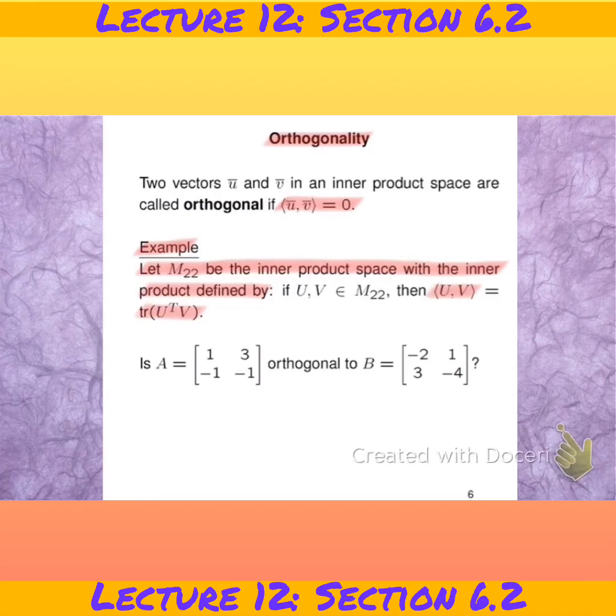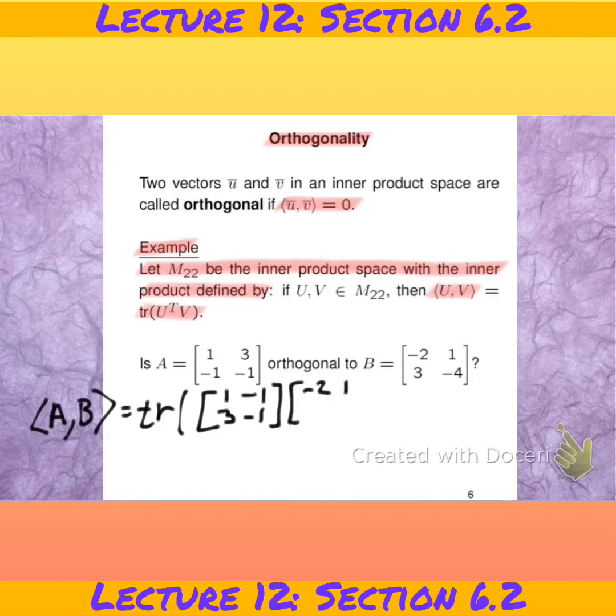What you need to do there is take the inner product of the matrix A with B and see what you get. Now we know that's the trace of A's transpose, which you then multiply with that matrix there.